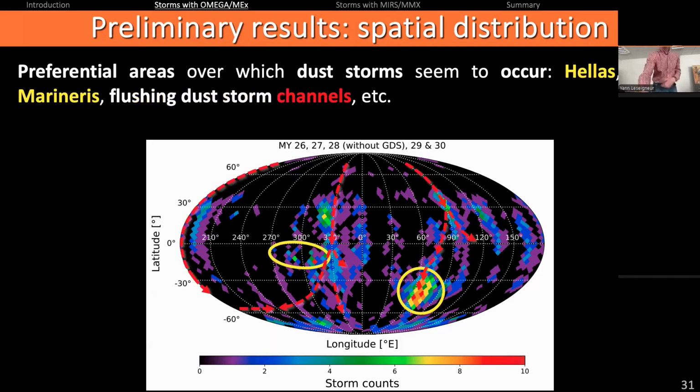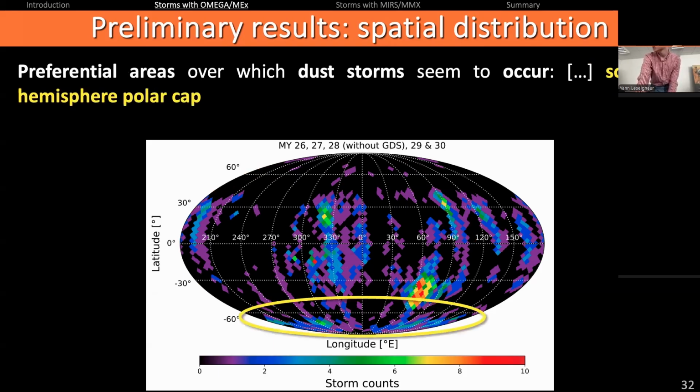And also, what is really interesting is that we have storm detections on the flushing dust storm channels, as you can see here. It will be very interesting to study these dust storms that move really, really rapidly. And then we also have detections near the southern polar cap, another type of dust storm that is really interesting.